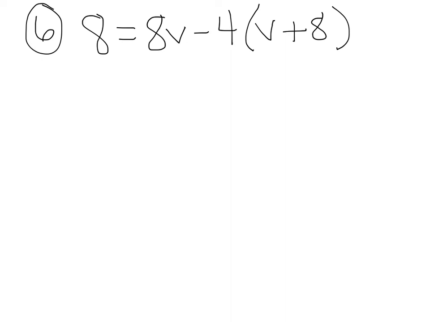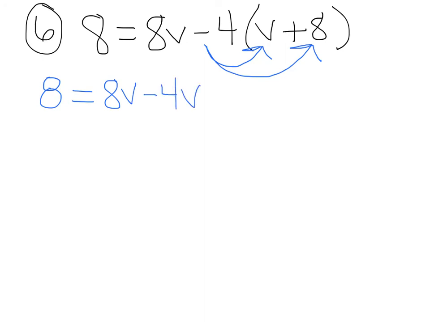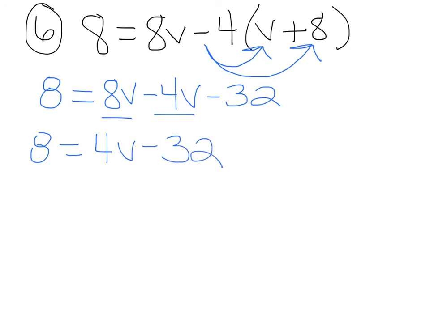To solve this, we're going to distribute the negative 4 to everything inside. This is not a positive 4. On this side we have 8 is equal to 8v. Negative 4 times v would be negative 4v, and negative 4 times 8 would be negative 32. I do have some like terms I can put together. 8v minus 4v is equal to 4v, and then I have minus 32 to bring down.